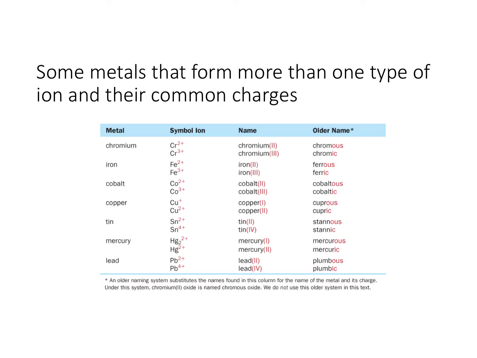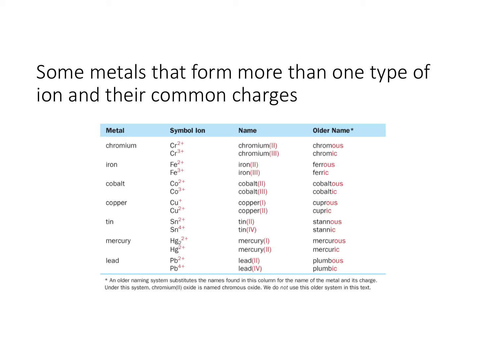And here is the list of some metals that form more than 1 type of charge. So for the previous ones, they had only 1 type of charge. That's why when I tell you potassium, what is the corresponding cation, you say K+, okay? But for these guys, they have multiple charges.